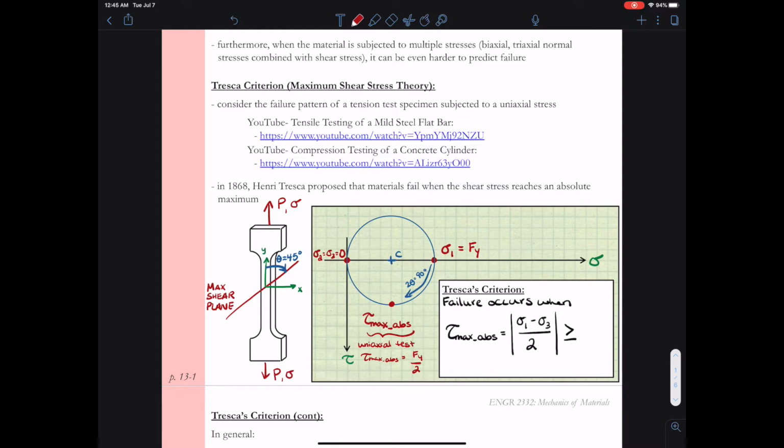When that point hits sigma 1 equals Fy, tau max absolute is then equal to Fy over 2. So in general, we say failure occurs whenever the max absolute shear stress is greater than or equal to the value of Fy divided by 2.